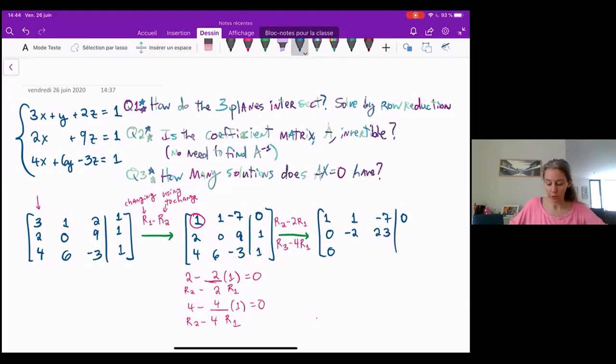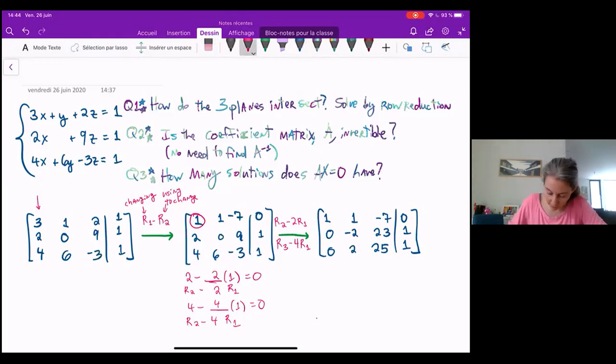So that's 9 plus 14, and then 1 minus 2 times 0. Then 6 minus 4, that gives me a 2. Negative 3 minus 4 times negative 7, that's negative 3 plus 28, that gives me a 25. And then 1 minus 4 times 0. No change there.